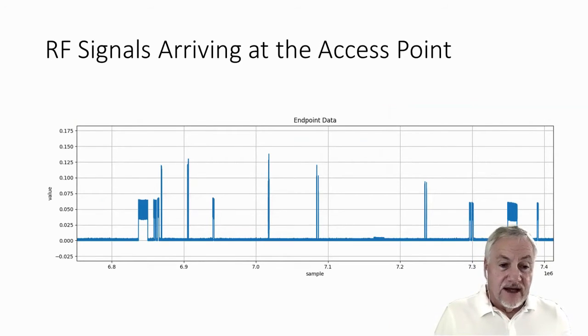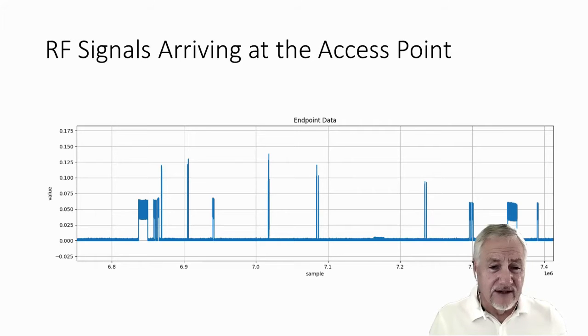So an access point sees this kind of information arriving at its receiving antenna. This is a time domain plot of signals that are arriving. You can see it's done by samples on the horizontal axis, and we're sitting around the 7 million sample mark and looking at these signals.